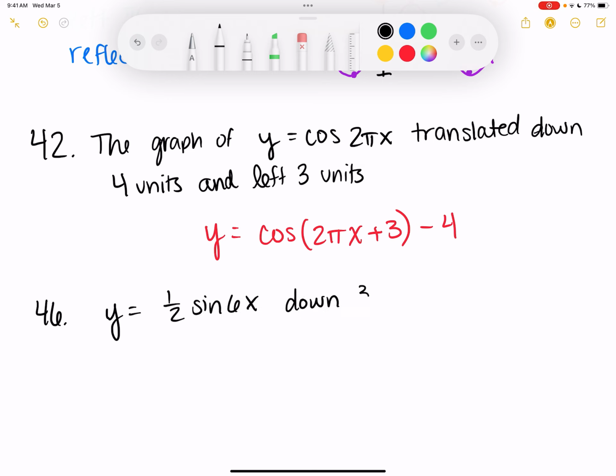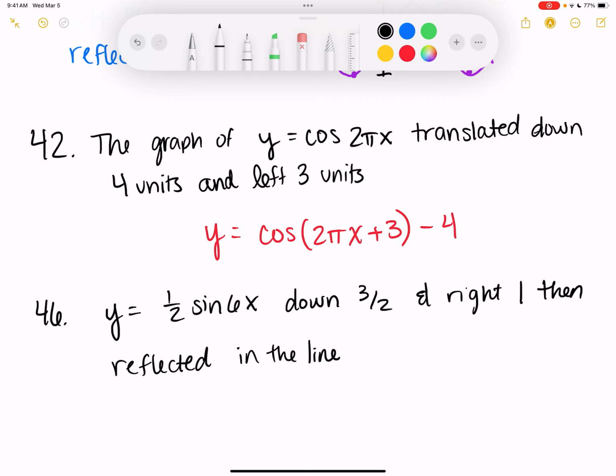And write 1, then reflected, and I'm going to write it how they do, but I'm just going to tell you that it doesn't change anything in the line y equals -3/2.